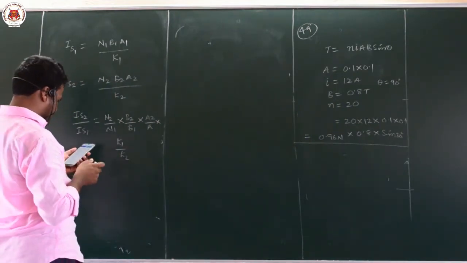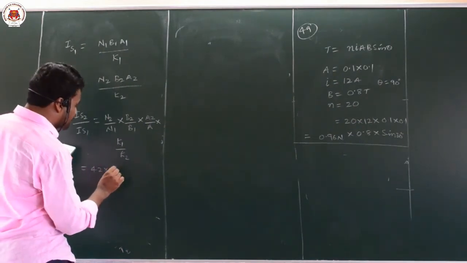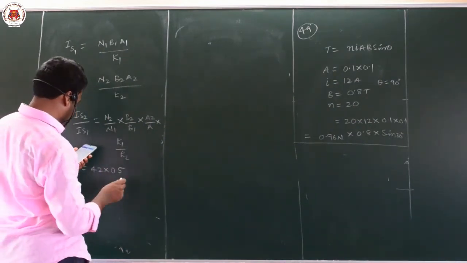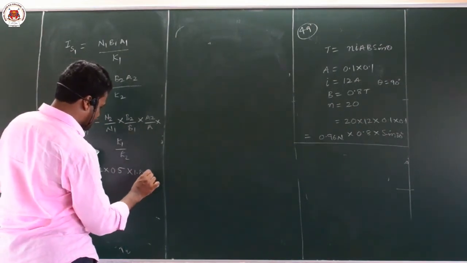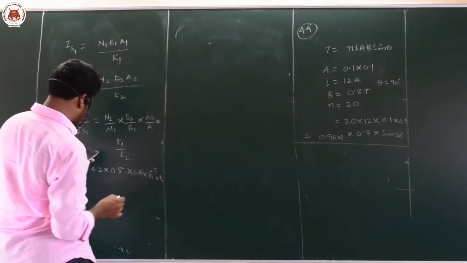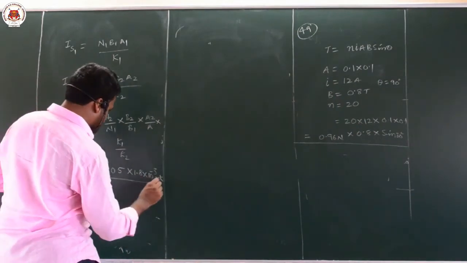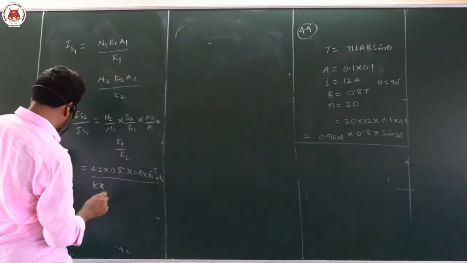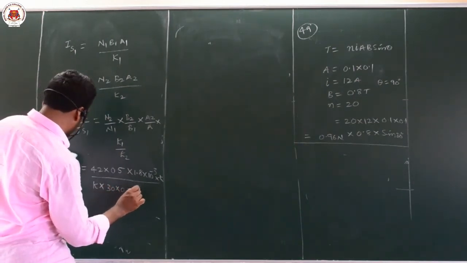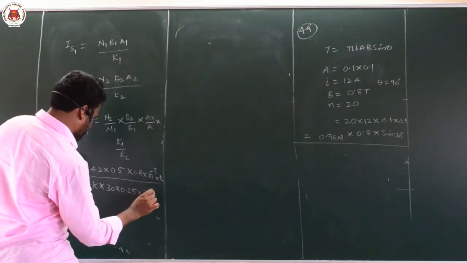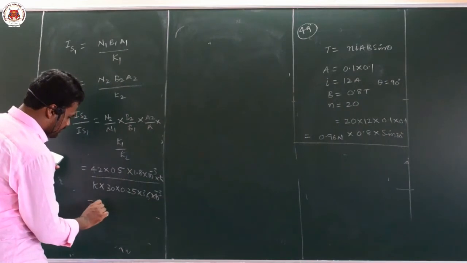You can write it as 42 into 0.5 into 1.8 into 10 power minus 3 into K. And K values are same for both. Here also K into 30 into 0.25 into 3.6 into 10 power minus 3. So if you divide this, you will get 1.4.